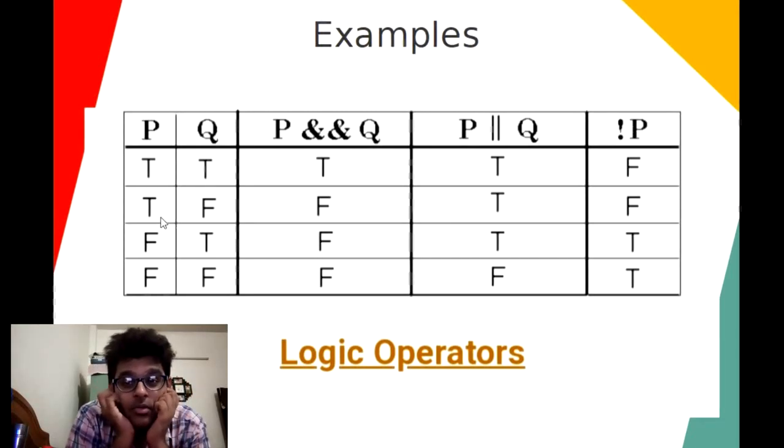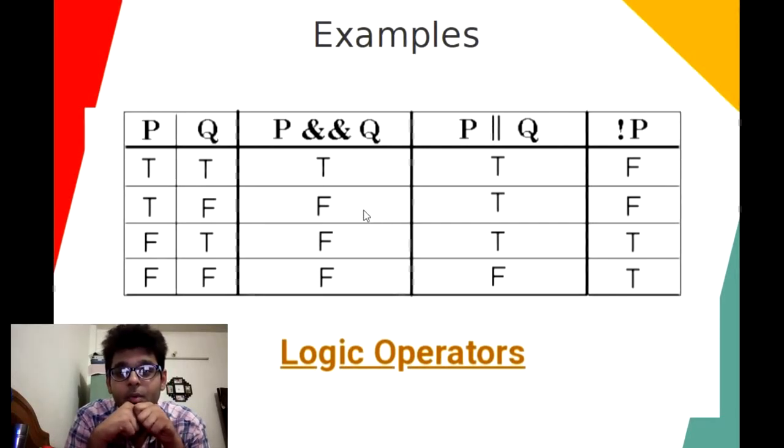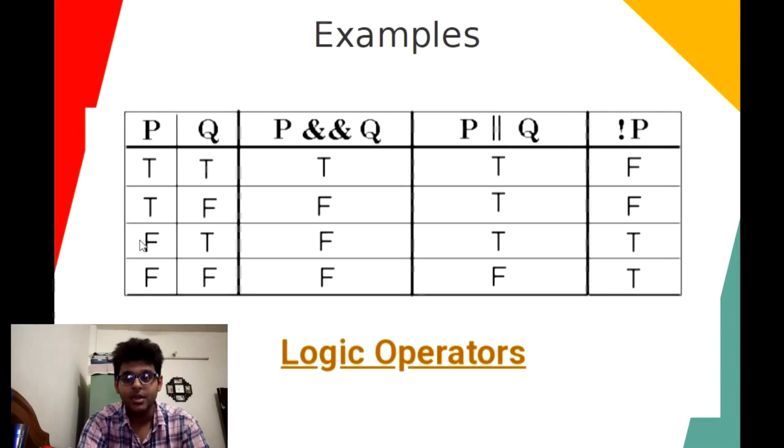If p is true and q is false, the intersection, the AND, gives false, but the union is true, and not p is false. If p is false, then not p is true, and if p is false and q is true, the AND is again false and the union is true.